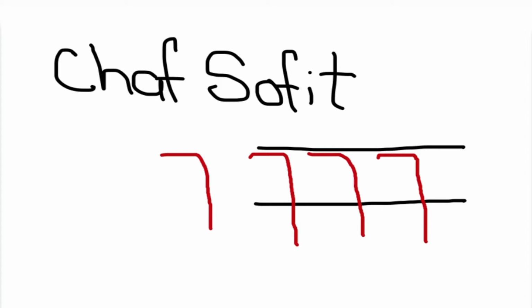And as I said before, we can attach vowels to them. In this case, since this is a chaf sofit and it has a kamatz, which has the sound of an a, this is cha. And there are many words that end in cha. They're usually masculine words, just FYI, not that it's really within the scope of this course.